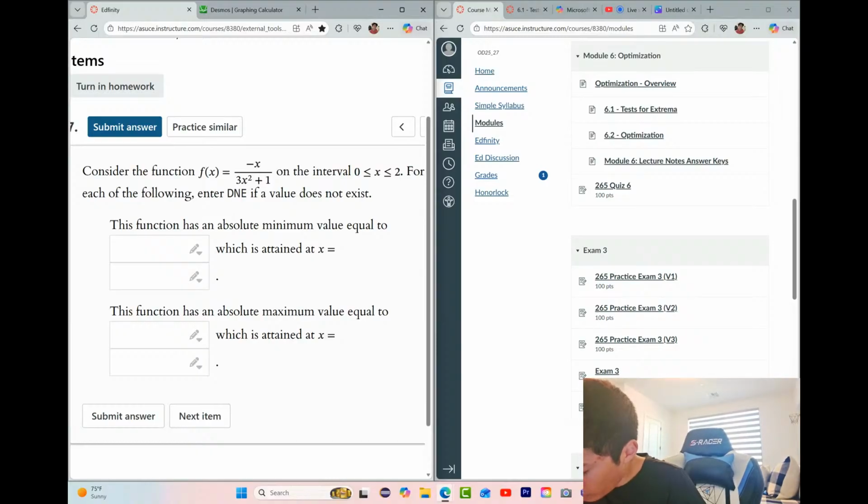So we have 9x squared plus 3x squared plus 3x squared plus 1. And then, yeah, so we have negative 3x squared plus 6x minus 1 all in the numerator, all over. And then by simplifying in the denominator, we have 9x to the power 4 plus 6x squared plus 1.